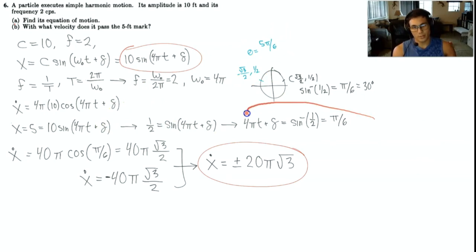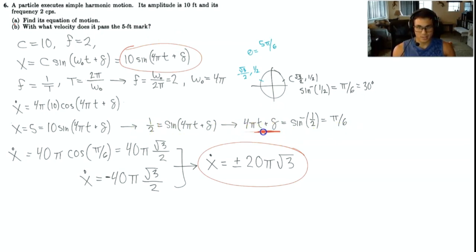So this information right here is actually the most critical part to this problem, or part B, because you don't have your phase angle. You actually will really never know what your phase angle is, and you don't know the time that it passes through this 5-foot mark either. So you have to substitute both of those unknowns for one known, which is pi over 6.